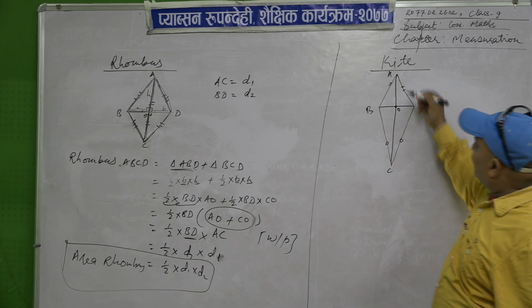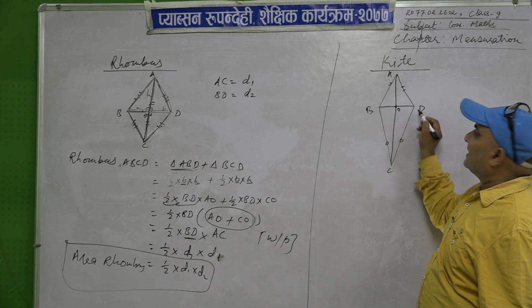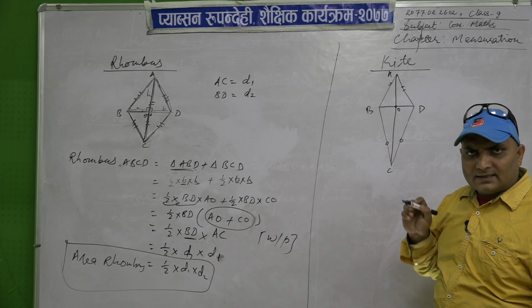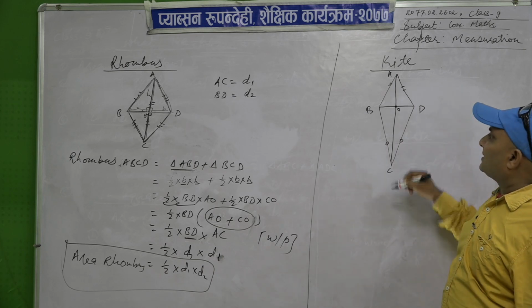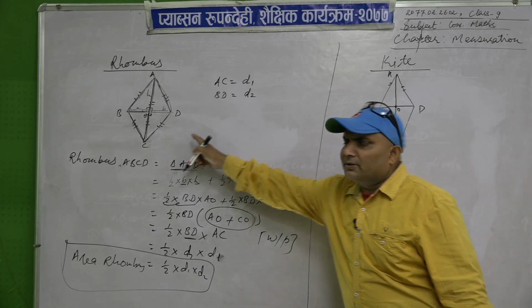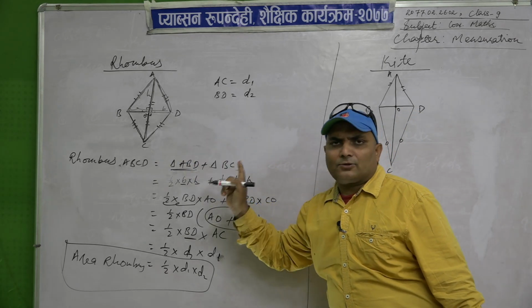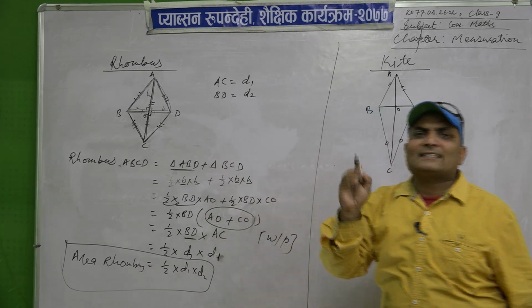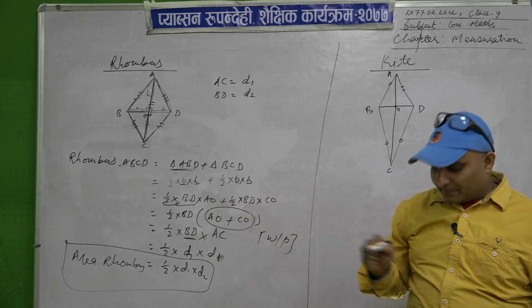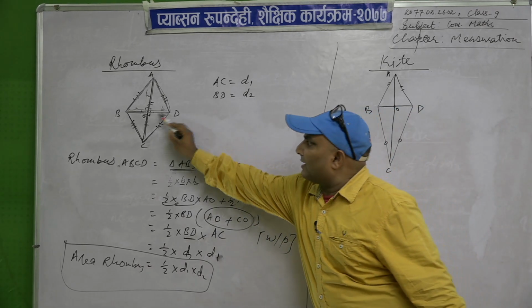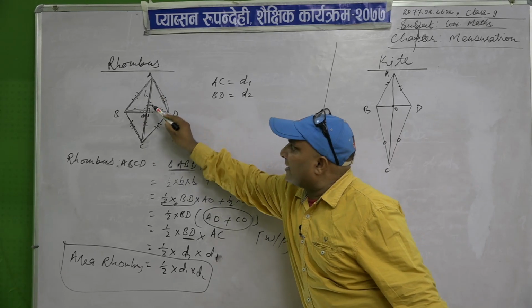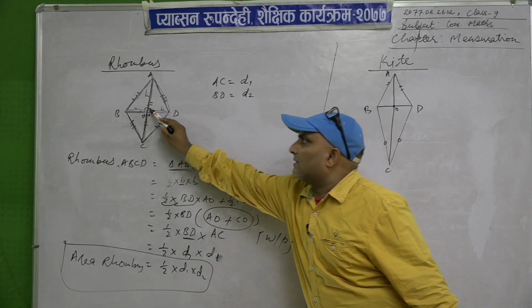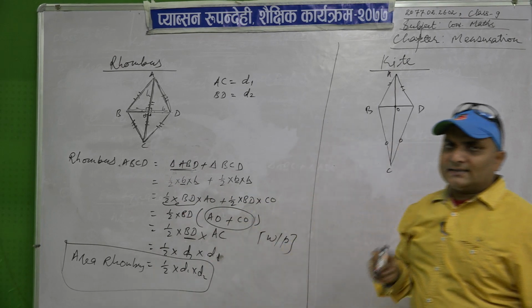We can see here this diagonal and this diagonal are not equal. In a kite, both the diagonals are not equal. In a rhombus also the diagonals are not equal, but in a rhombus the diagonals bisect at right angles. Bisect means this part is equal to this part, this part is equal to this part, and also these four angles are 90 degrees.